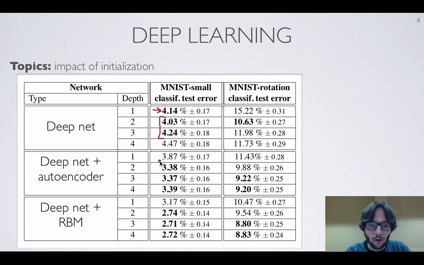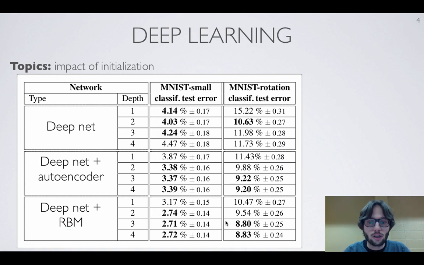In this case, however, training 2 hidden layers is better than just 1, and similarly here for MNIST small using either autoencoder or RBM pre-training. So we've been able to successfully train a neural network with 1 more hidden layer using the unsupervised pre-training procedure. We get the same conclusion on MNIST rotation, where the best we could do is 2 hidden layers here and then 3 with pre-training, either with autoencoder or an RBM.